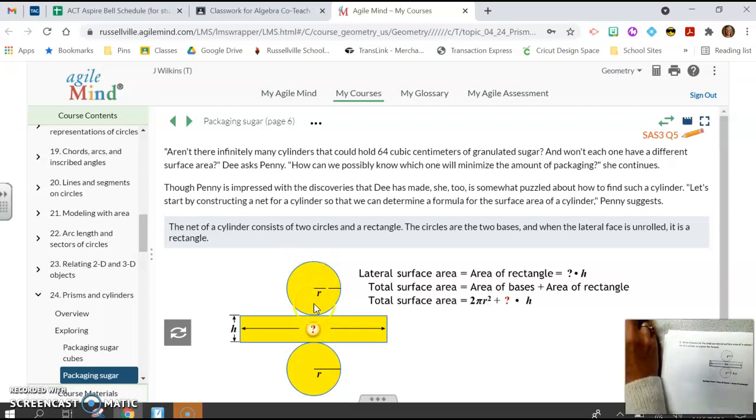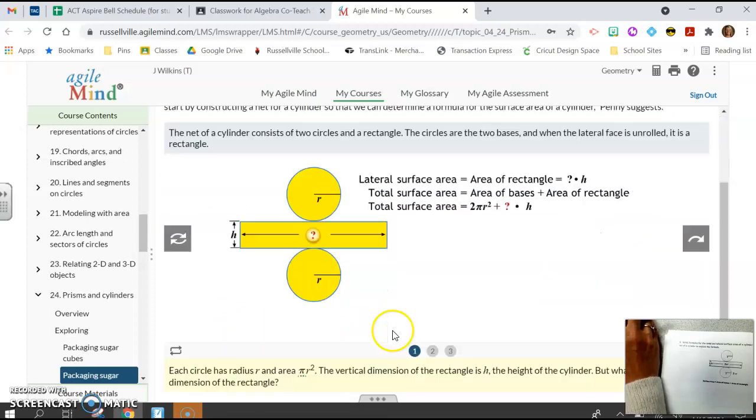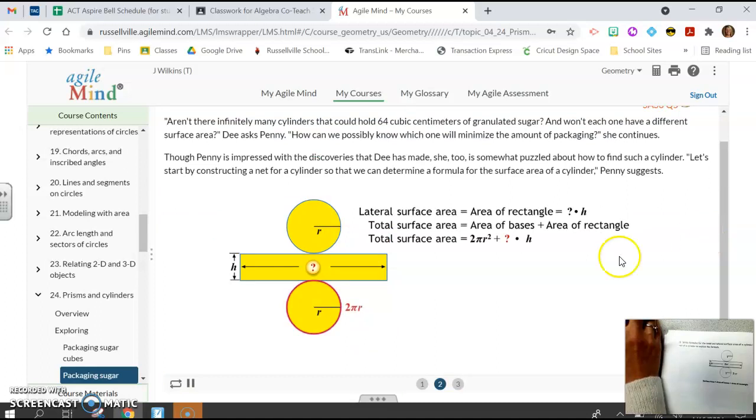So we know the dimensions of the circle is the radius, and we know the height of this rectangle, but how do we calculate this length of the rectangle? And so if you'll remember, the length is the distance around, which is circumference.